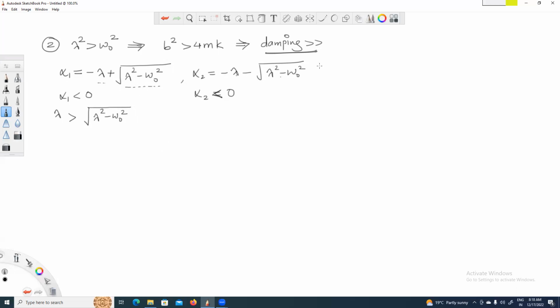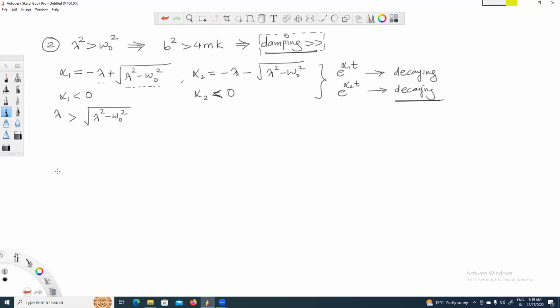So what happens here? Our x of t is a linear combination of two functions. The first one, e raised to alpha 1 t. Now alpha 1 being less than 0, this is decaying in nature. Similarly, alpha 2 being negative, this is also decaying. So our amplitude is going to decay, and due to higher damping, which is comparatively much stronger, it will die out very soon.